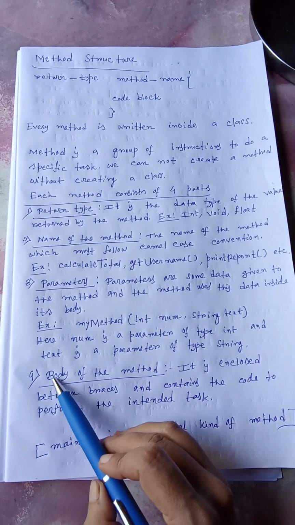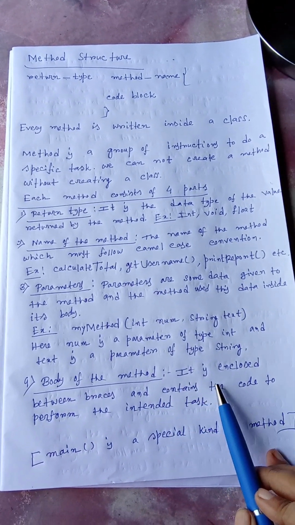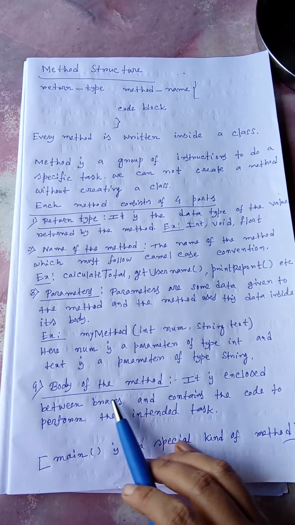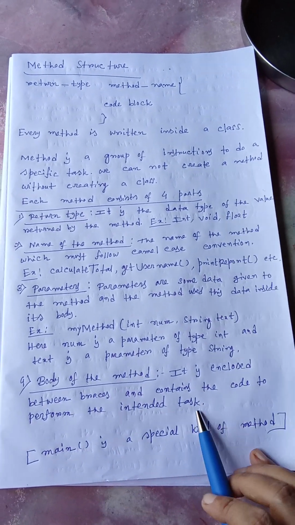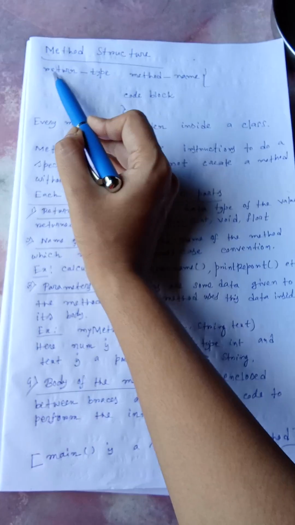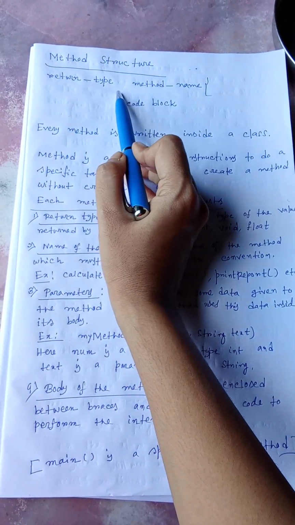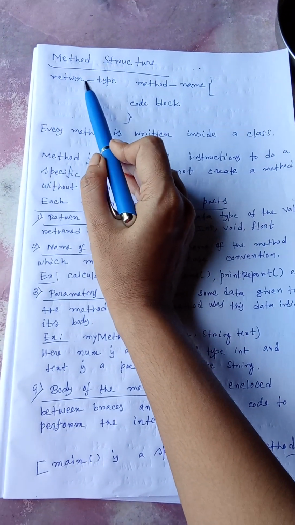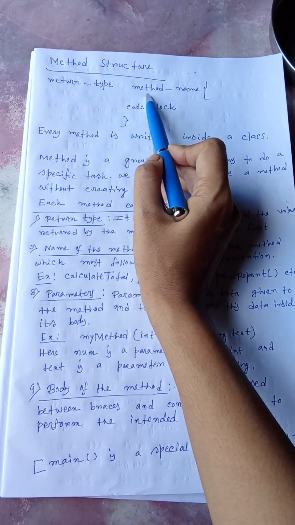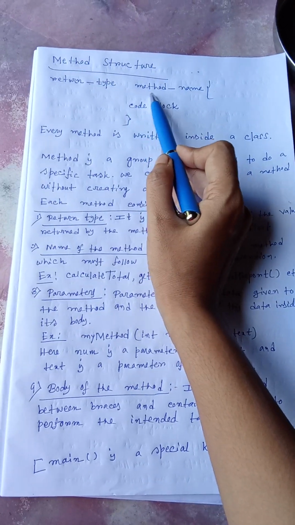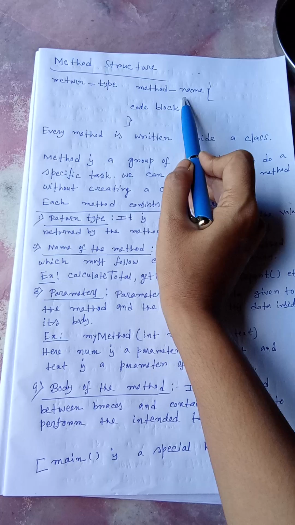Now the main thing, body of the method. Body of the method is enclosed between braces and contains the code to perform the intended task. Okay. So here it is the first part, the return type of the method. This should be void or int or float. Then we write the method name, which must be written in camel case convention.